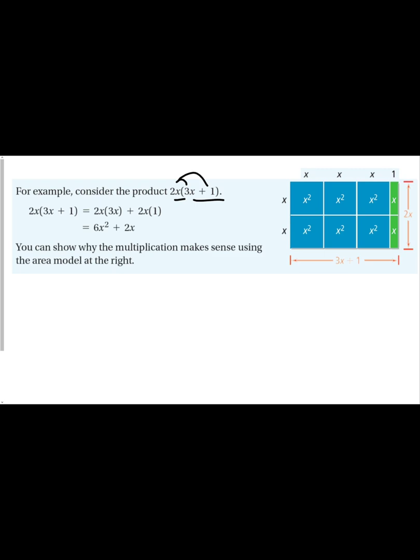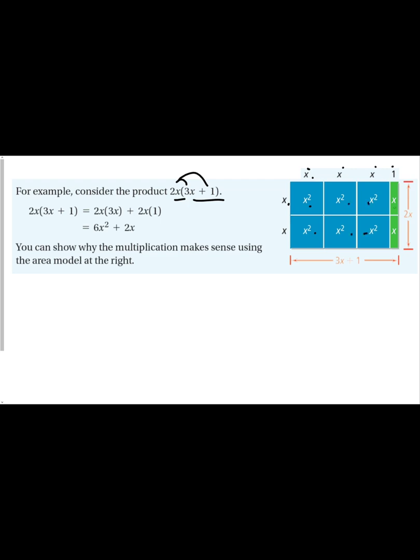And you can see that in this diagram right here, we have 2x up and down, right? An x and an x. And then we have 3 x's plus a 1 on the top row. And as we multiply x times x, we get x squared there, there.